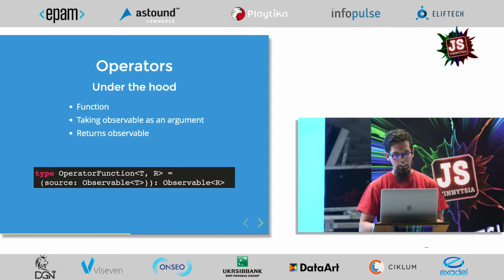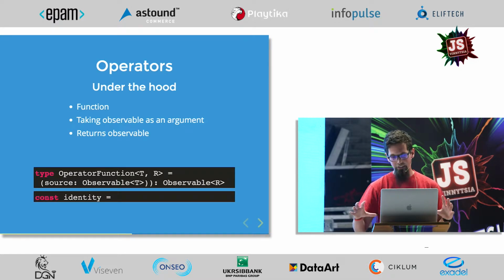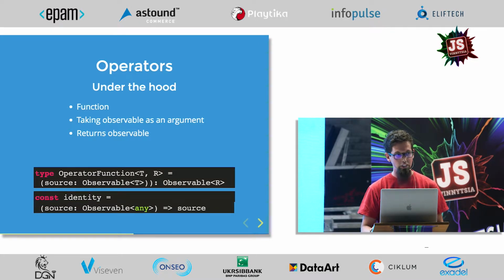So the TypeScript definition of that would be: operator function is basically a function from one observable of type T to an observable of type R, because the types might be different. And straight out of it, we can see that an identity function is already an operator. Not particularly useful, but it's fun to know that it can be as simple as that.